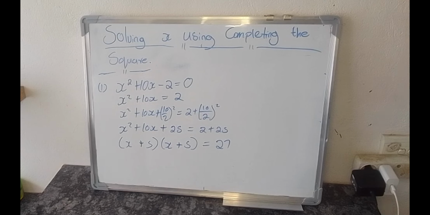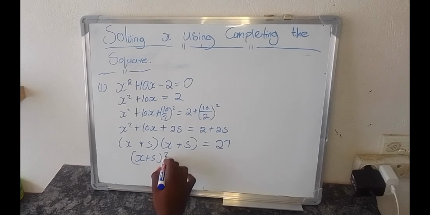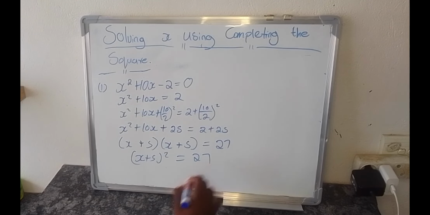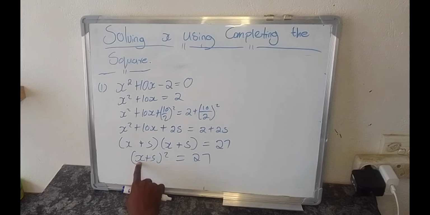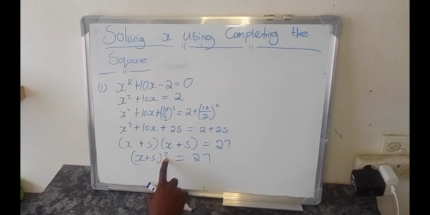One can note that at the left hand side we have x plus 5 multiplied by x plus 5, meaning we can write this as x plus 5 squared is equal to 27. Remember, here we are trying to solve for x, meaning we have to try by all means to make x the subject of the formula. So the first thing we have to do is to kill this exponent of 2.